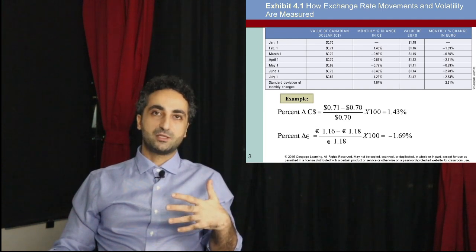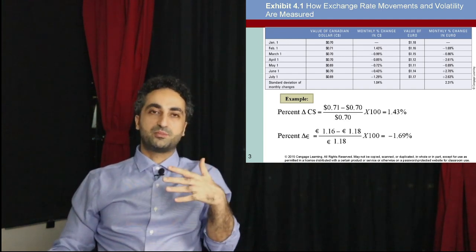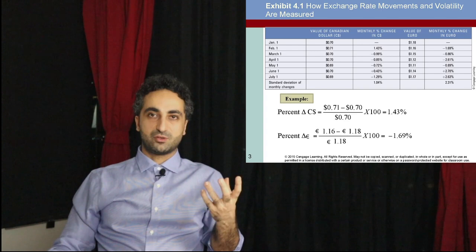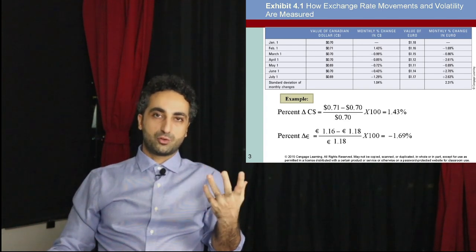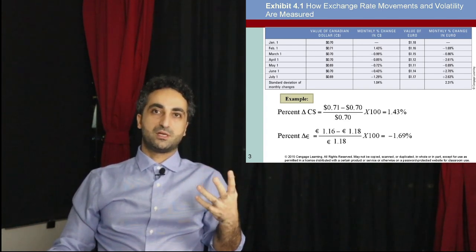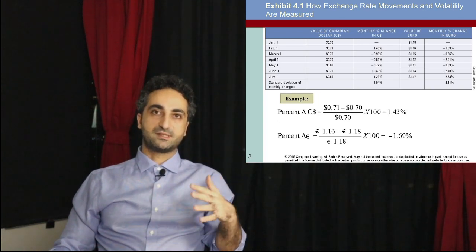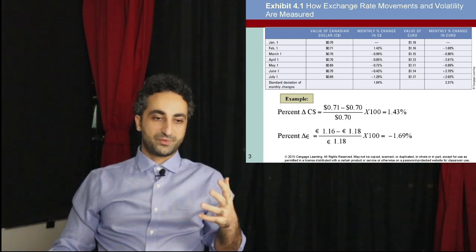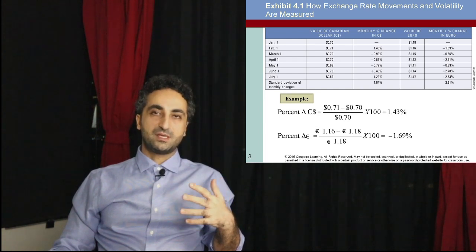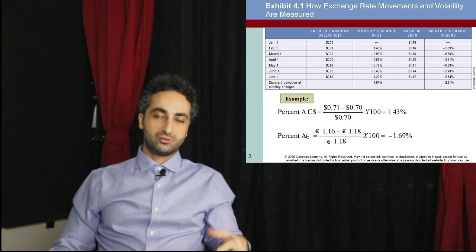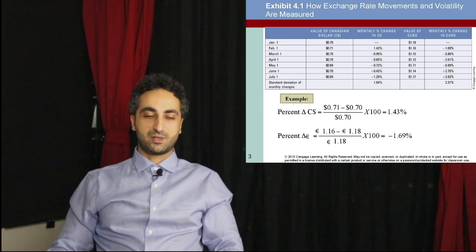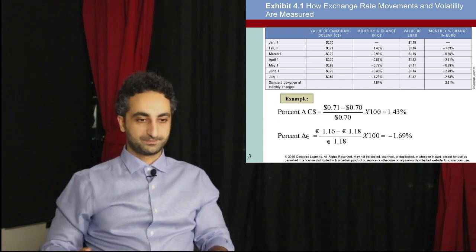So the value of the euro is depreciating against USD. You need more euros to buy USD, and vice versa for Canadian dollars, it is appreciating. So you need basically fewer Canadian dollars to buy the same amount of American dollars.